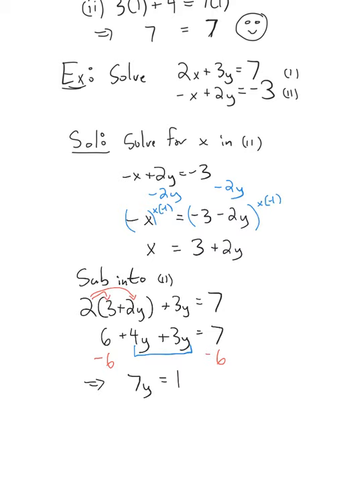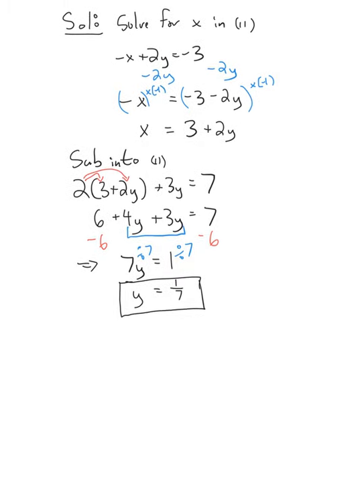Divide both sides by 7. And we get that y is 1/7. So this is a situation where we have a fraction as our solution. That happens quite often. There's no big issues with it.